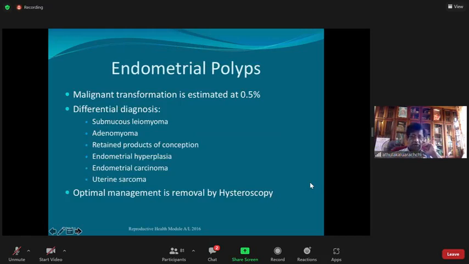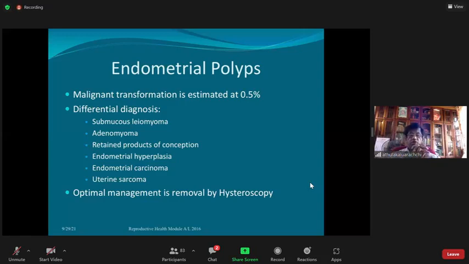There again, almost all the time they are benign. An extremely rare possibility, less than 1% chance, as we said even for fibroids. They are very rare to become malignant. But of course, when you see something in the endometrial cavity, you have to see whether other things are also possible, like maybe retained products, maybe a malignant lesion.